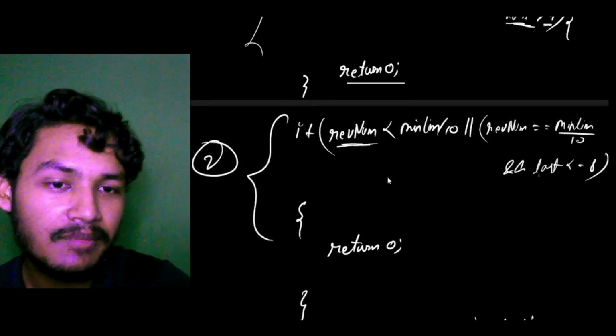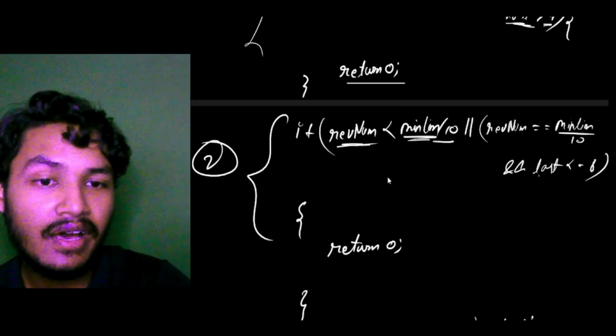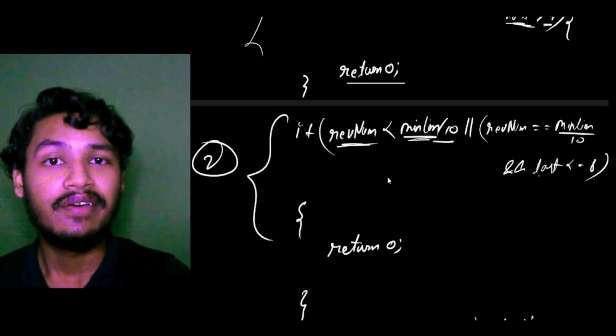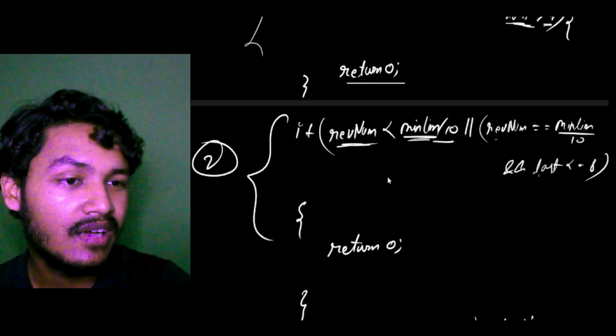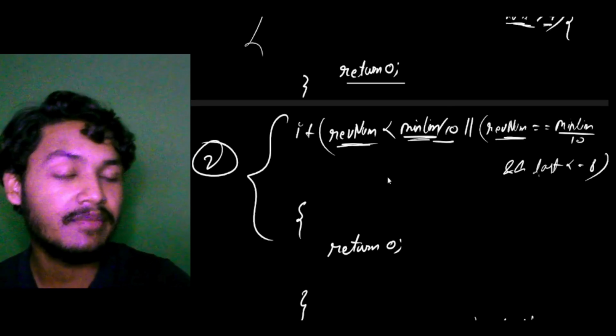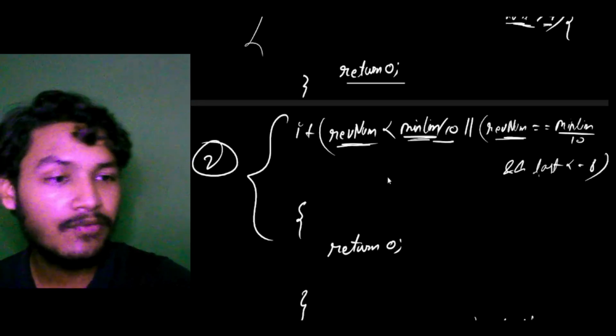Similarly, we are checking for the negative also. If the reverse number is less than the minimum limit divided by 10, we will return 0. Or if our reverse number is exactly the minimum limit divided by 10, then we check the last digit.